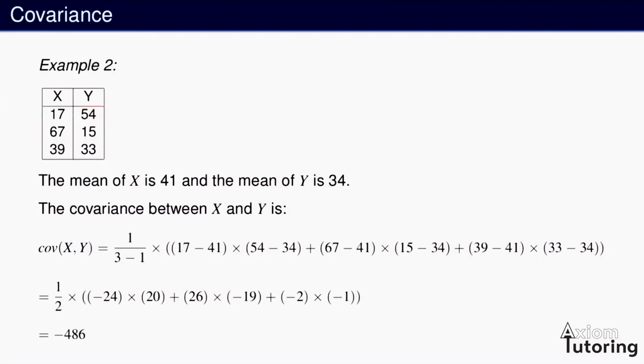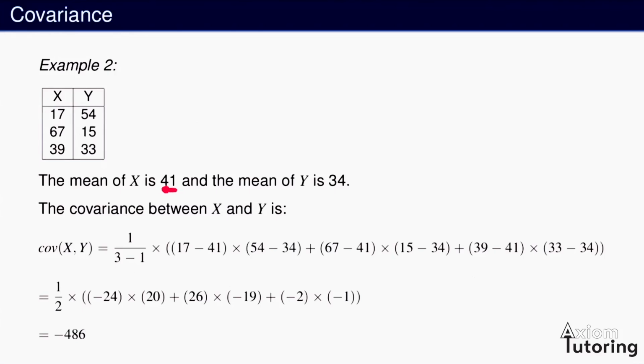And similarly, when x is very large, 67, y is very small. Here 15 is the smallest value of y. Okay, so that's the first thing that we may notice whenever we look at data, is whether there's a pattern of covariance, and we'll see that with the calculation, we'll get exactly the same insight.